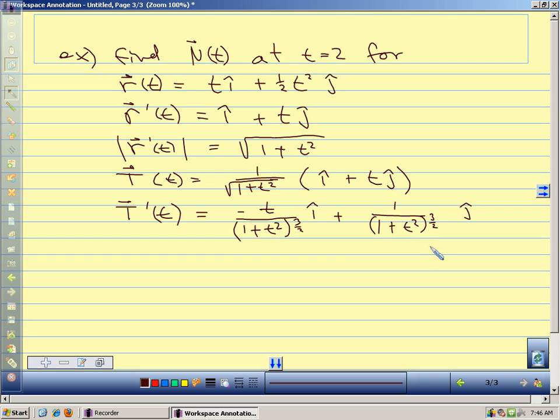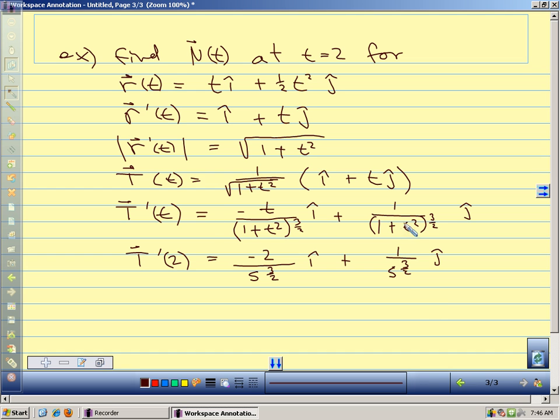Now the length of T prime. If we wanted the length of T prime as a function of t, you can see that this gets messy very quickly. Let's just calculate it at the point we're interested in. T prime of 2 gives us negative 2 over 5 to the 3 halves i plus 1 over 5 to the 3 halves j.